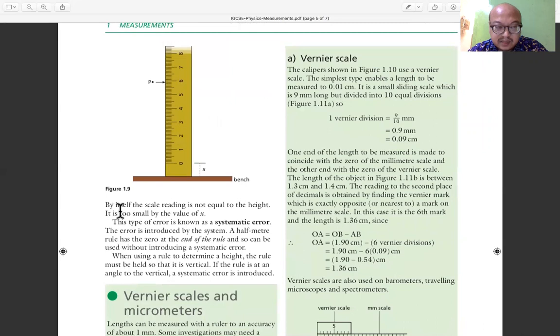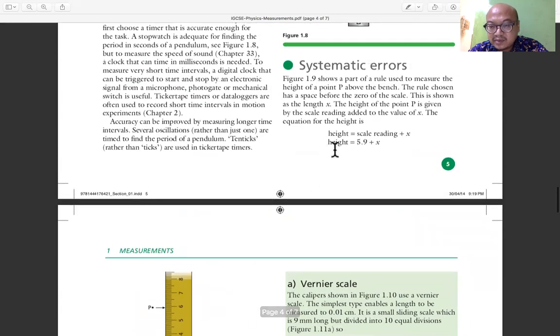By itself the scale reading does not equal the height; it is too small by the value of x. This is because the zero is not at the base in this position, so the height equals 5.9 plus x.